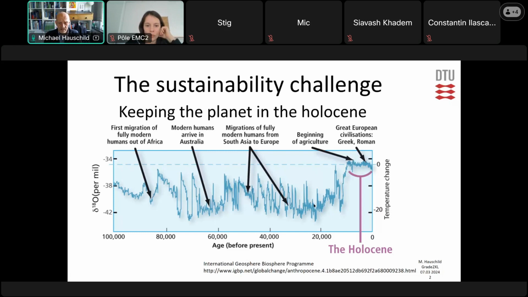So how can we allocate the safe operating space to different activities that we want to perform? We want to have nutrition, food, we want to have housing, we want transportation, and so forth. How can we allocate it? And there are many different principles for that. So in principle, you have the boundaries at a global or regional level.